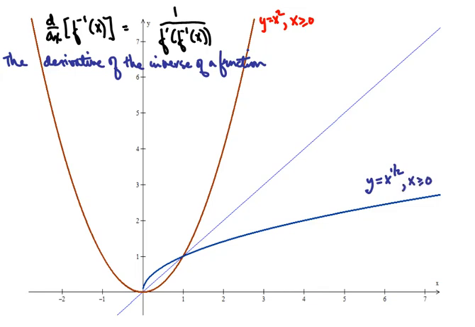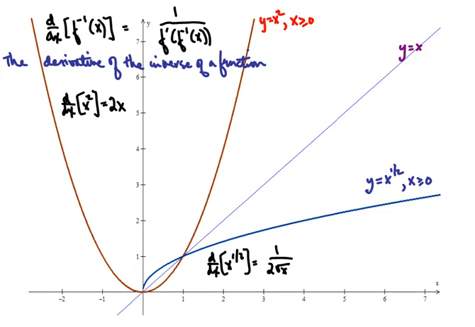Now you can see that these two functions are reflections of one another over the line y equals x. Let's take some examples here. The derivative of the original function y equals x squared is 2x. And the derivative of x to the 1/2 is 1 over 2 times the square root of x. So those are the two functions there.